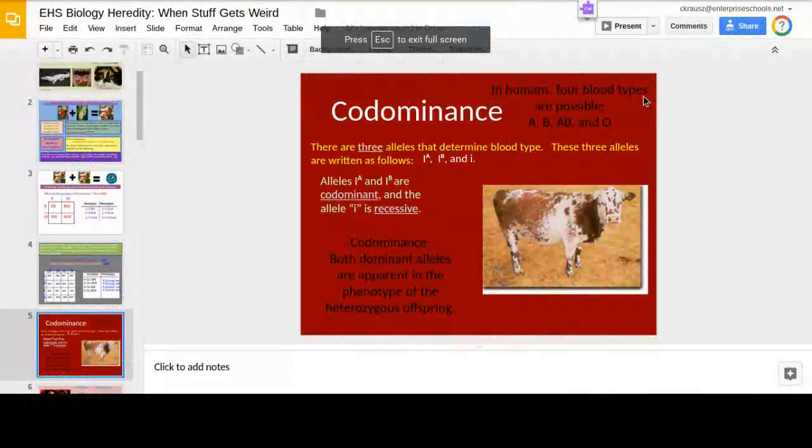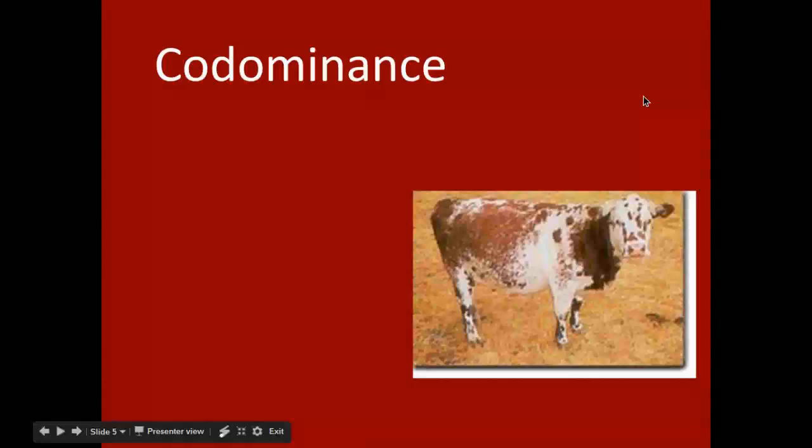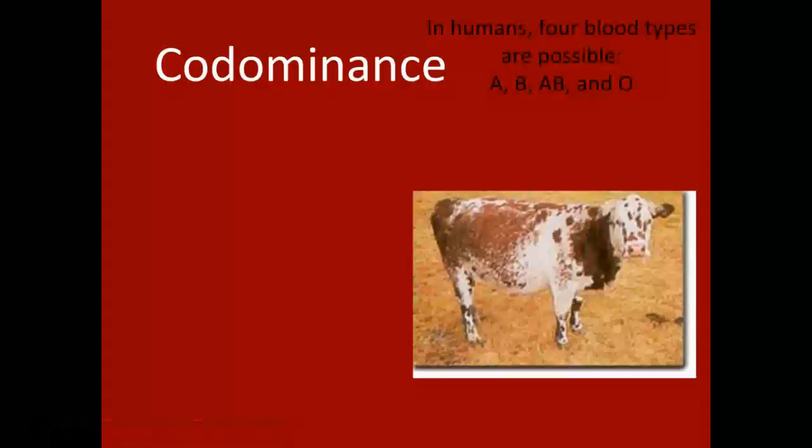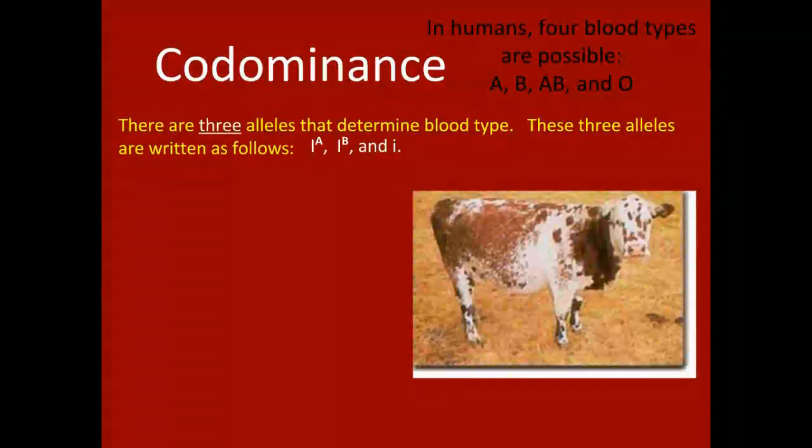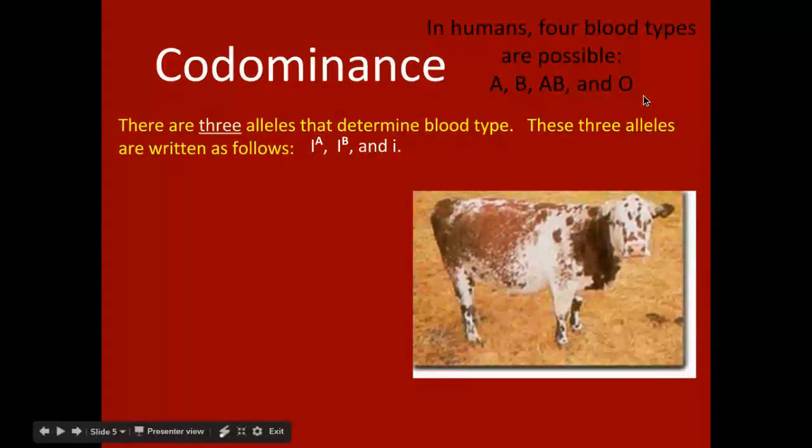So our next example that we get into with stuff that gets weird is codominance. And this is where we get to talk about blood typing. So there are 4 different kinds of blood types that humans can have. You can have type A blood, type B blood, type AB blood, or type O blood. And there are 3 different types of alleles that are shown here. And here's where it gets super weird, because now we have superscript letters.